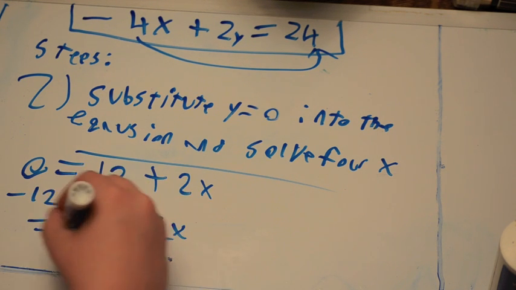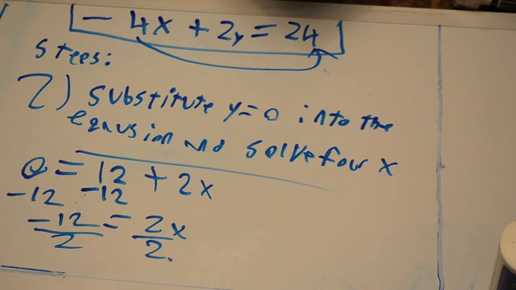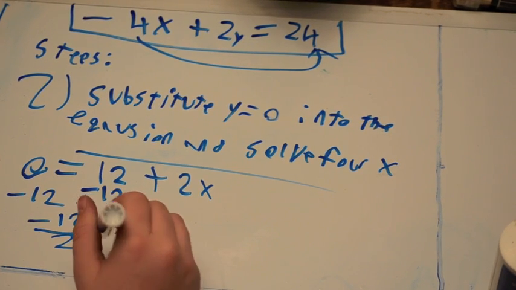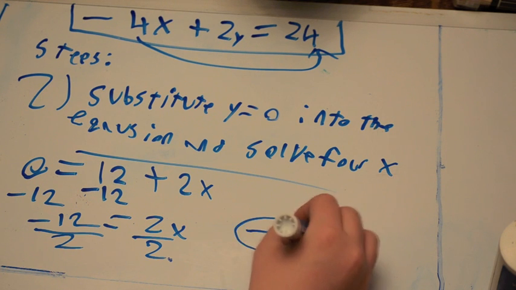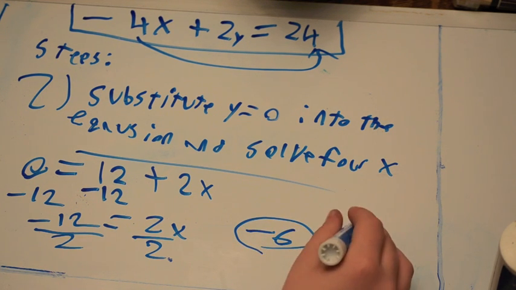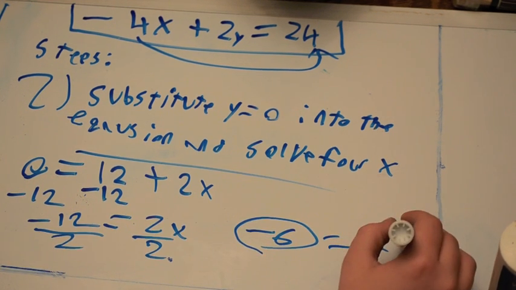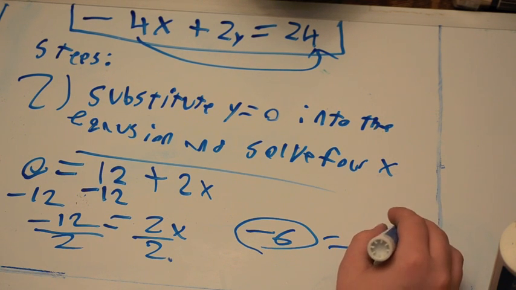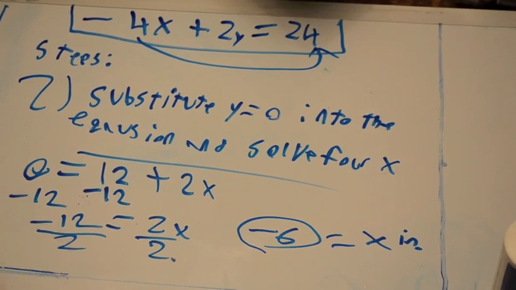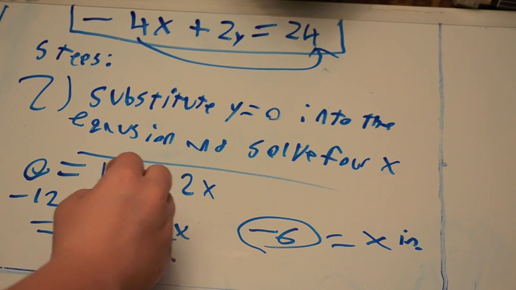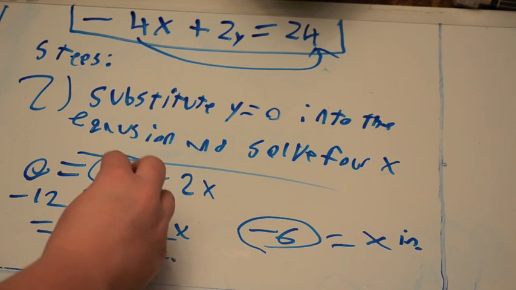So the next thing you want to do is divide both by 2, and that'll get you to negative 12. Negative 6, sorry. So that in total would mean that negative 6 is our x-intercept, and I just put an 'i' to abbreviate intercept, not to get confused. So negative 6 is our x-intercept, and 12 is our y-intercept.